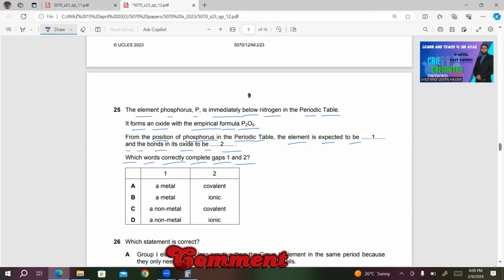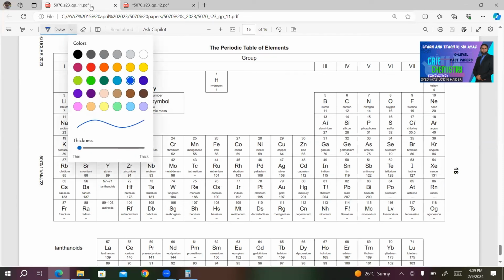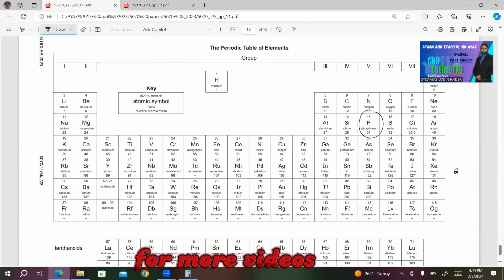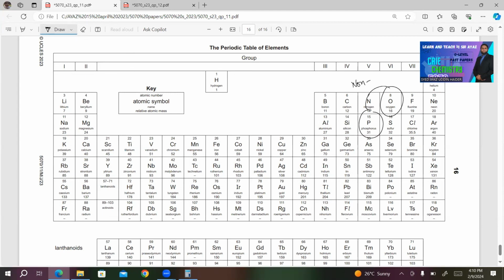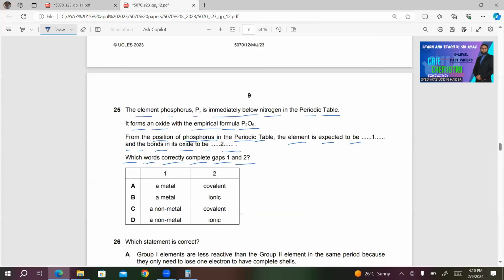Looking at the position of phosphorus and oxygen, this is phosphorus and this is oxygen. Both of these are non-metals. So definitely the bonds must be covalent. So C will be the right answer in this case. It's very easy.